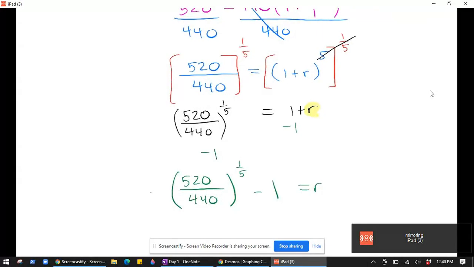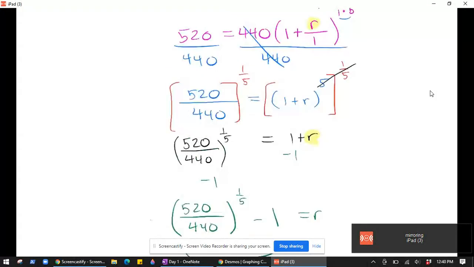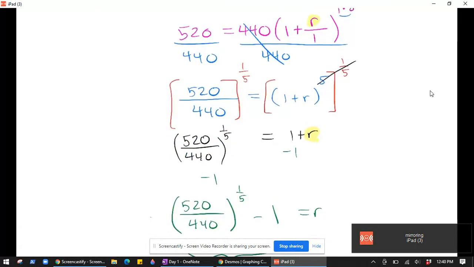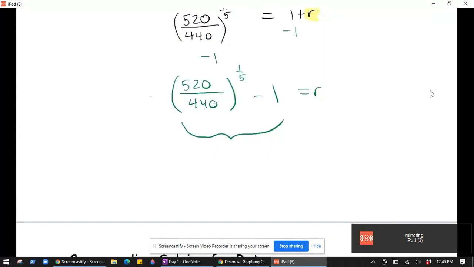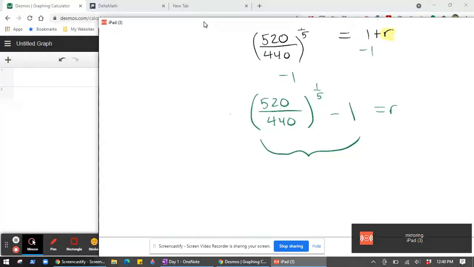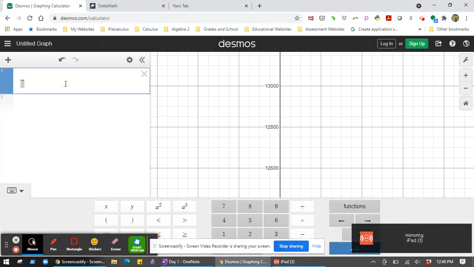That's our r value. Whatever that is in the calculator is what we're going to jot down. And then we're just going to remember to round to the nearest tenth of a percent. So we'll need to focus on that. But let's get to the calculator first. So 520 divided by 440. So I'm going to start a fraction. In fact, I'm going to put parentheses right away.